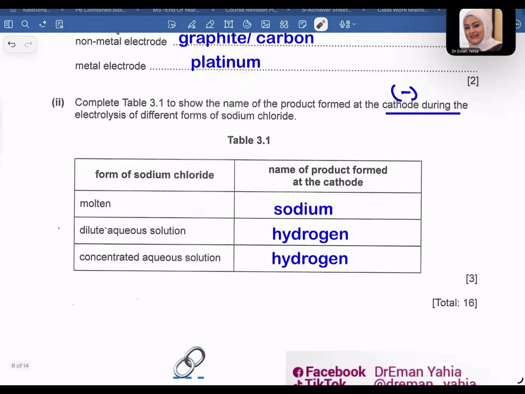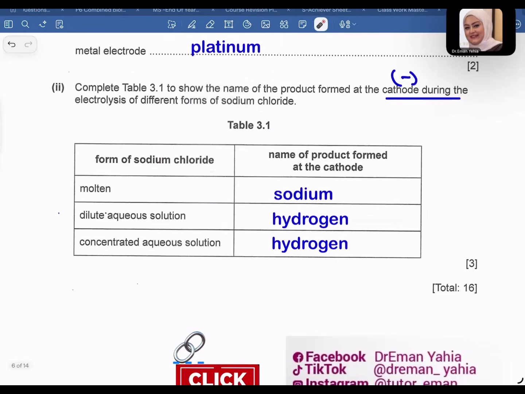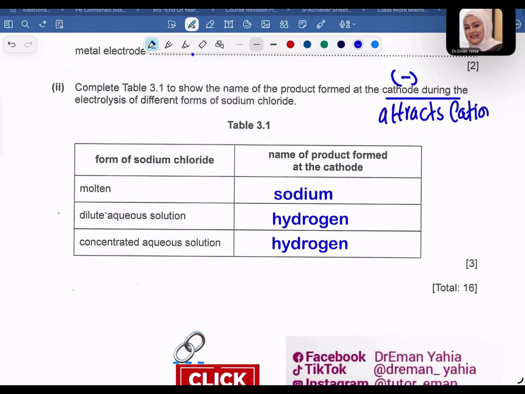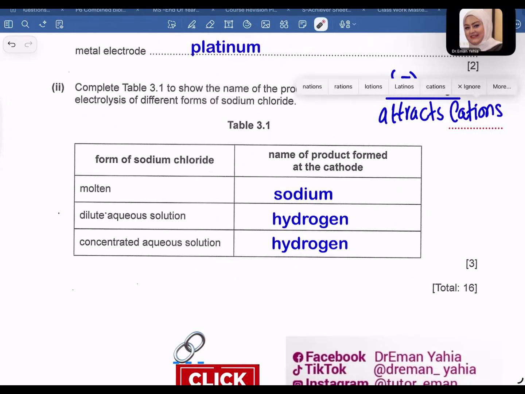Complete the table to show the name of the product formed at the cathode during the electrolysis of different forms of sodium chloride. Remember, the cathode is the negative electrode. The negative electrode attracts cations, which are positively charged.